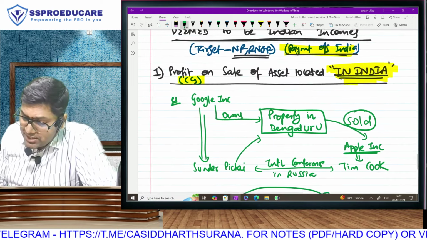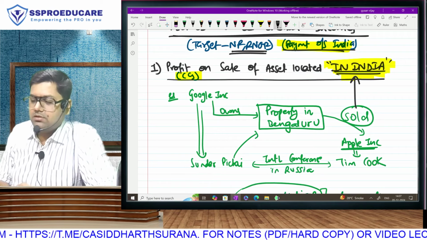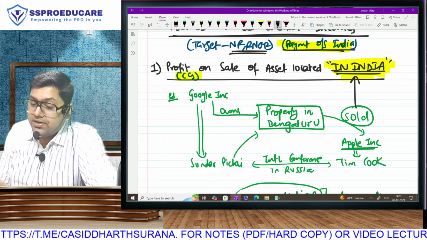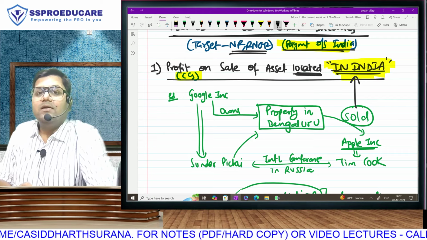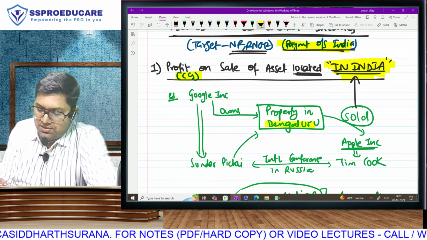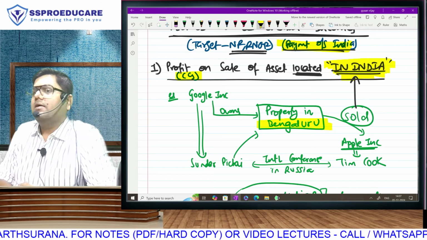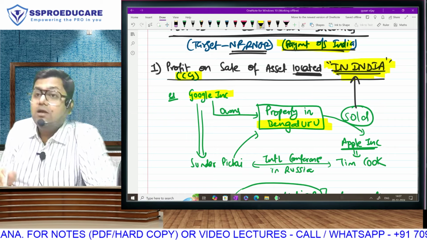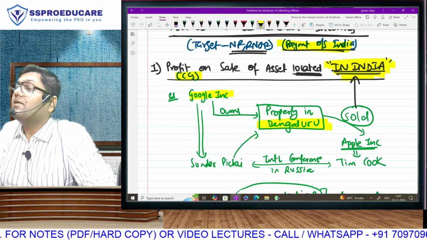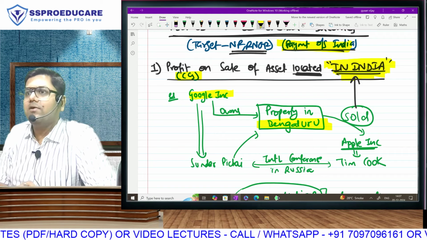But ladies and gentlemen, boys and girls, property is located in India. The property is located in Bangalore, which is in India. So whatever profit Google has generated, the profit is in the land of India because the property was located in the land of India.